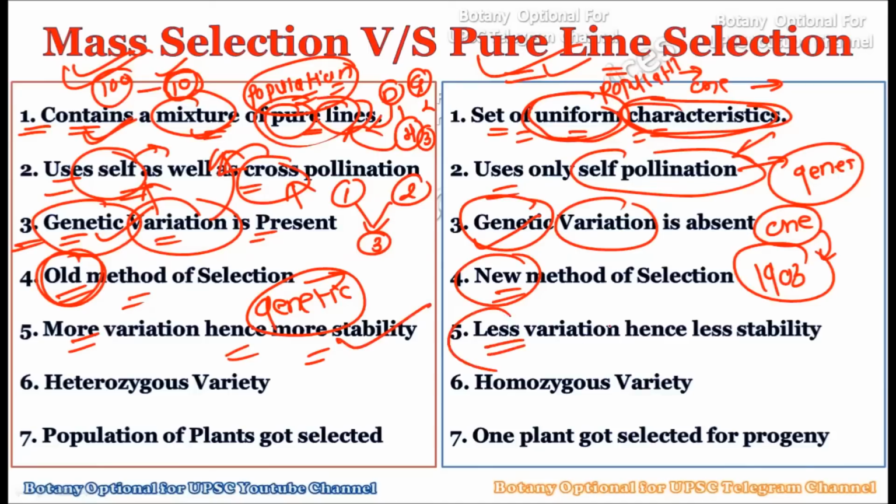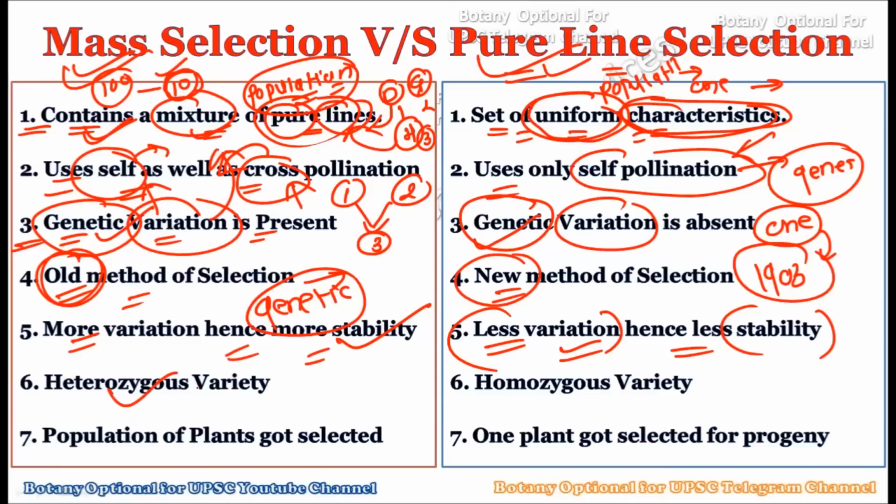While on the other hand, in pure line selection, you will have very little variation, and hence they are less stable in the ecosystem or in nature, because they do not have the type of genetic variation which can make them suitable for any kind of environment. So on the one hand, in mass selection you will have a variety of genes present, and hence they are quite stable in the ecosystem. While on the other hand, in pure line selection, you will have less variation and hence less stability.